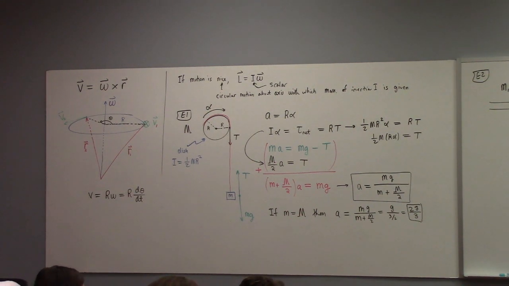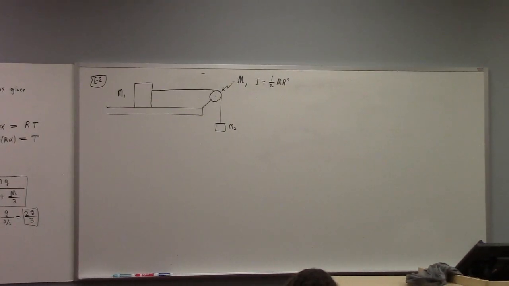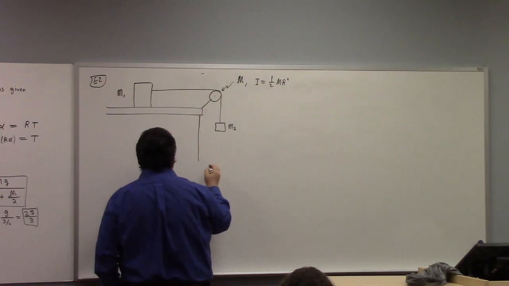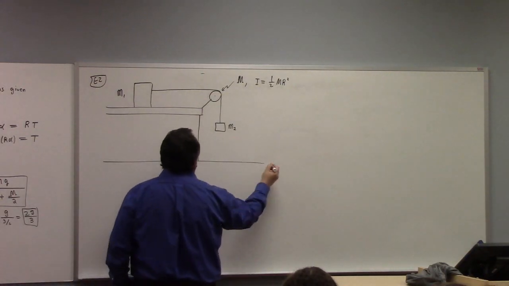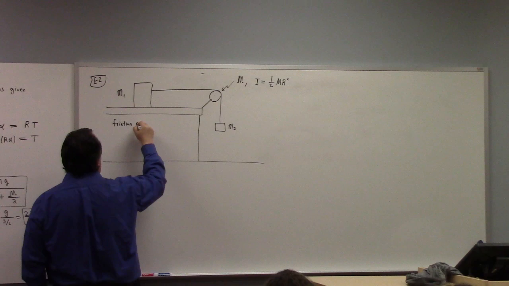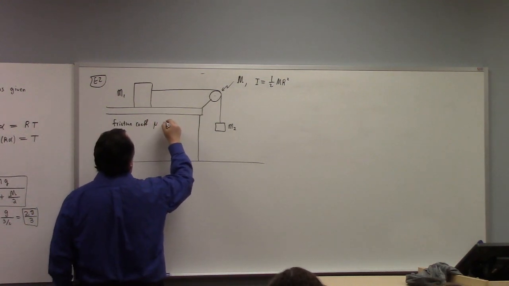Perhaps we should put friction back into the mix here. Let us assume that there actually is friction on this tabletop between M1 and the surface, right? Let's actually consider that. And let's try to write down the equations of motion in this situation, all right? So we're going to suppose that friction coefficient mu for M1.